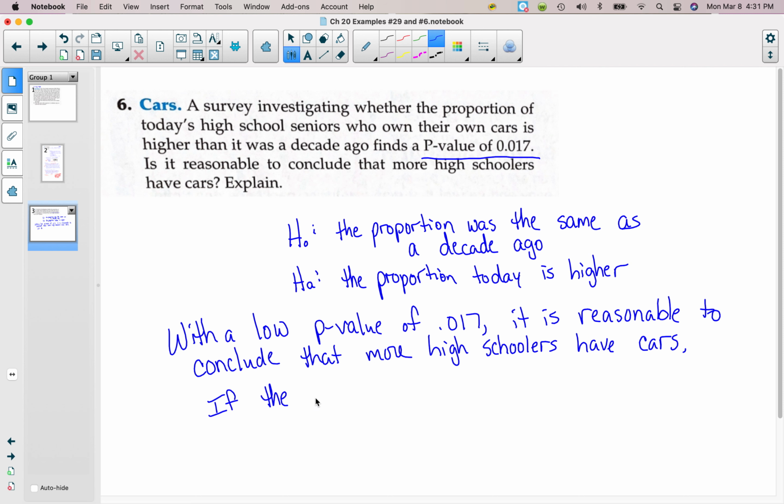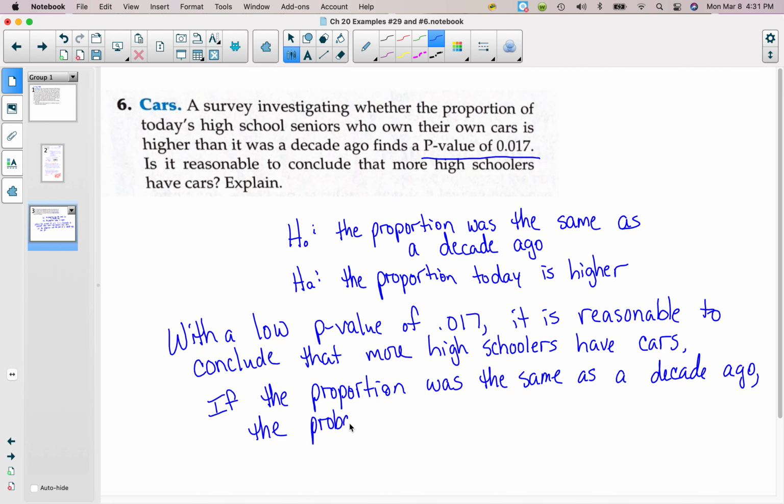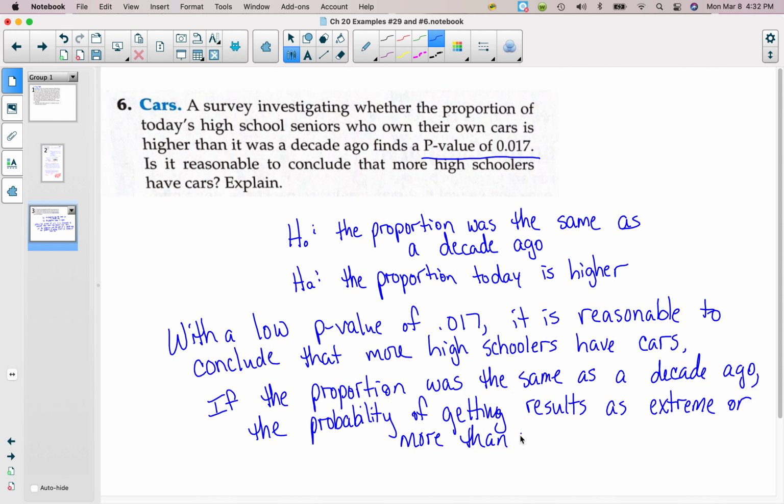If the proportion was the same as a decade ago, the probability of getting results as extreme or more than ours, even though we don't know what the value is, is 0.017.